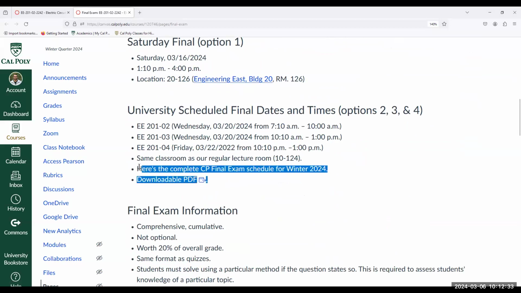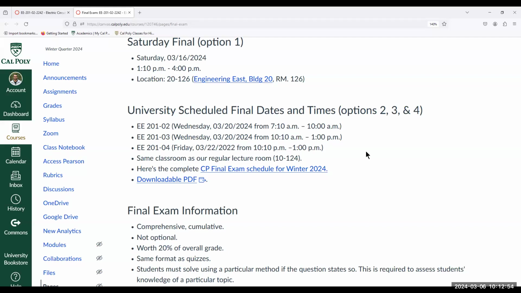And you can use these, of course, to figure out when your other finals are. So if your other instructors have not posted it yet, you can use these links. Again, these are determined by the university. This is not up to faculty, right? It's determined by the university. So your university scheduled day and time is Wednesday at 10 o'clock in this classroom.